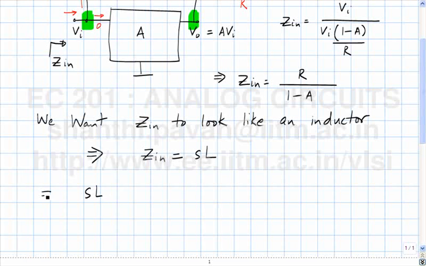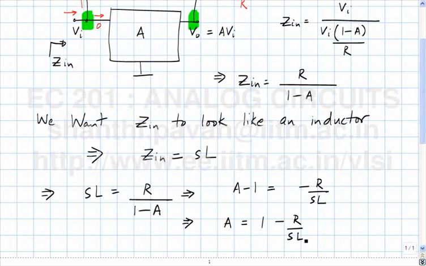SL must be R divided by 1 minus A, which means A minus 1 must be minus R by SL, or A must be equal to 1 minus R by SL.